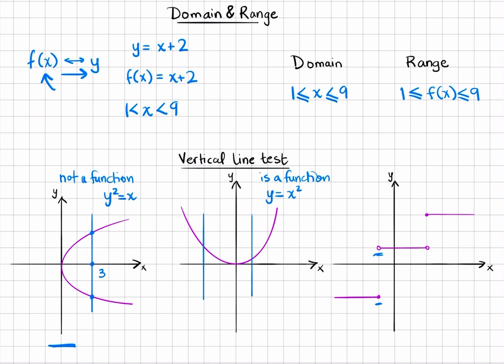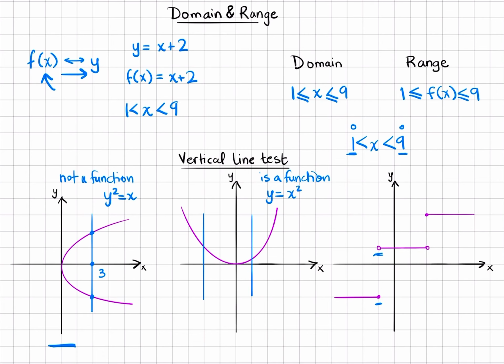When the domain says x is strictly greater than 1 and strictly less than 9, then when I'm drawing a graph like that, at the points 1 and 9, I draw open circles.